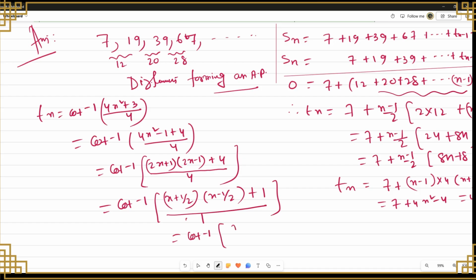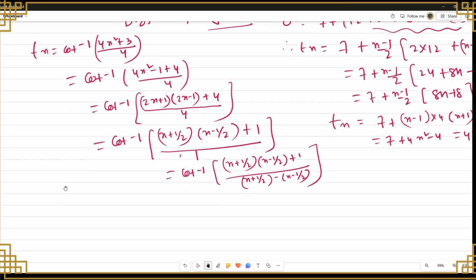So cot inverse of n plus half, and there you write. Alright. So this is changed to cot inverse of ab plus 1 by b minus a. So cot inverse b minus cot inverse c.